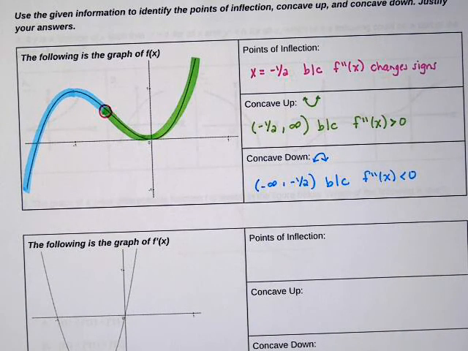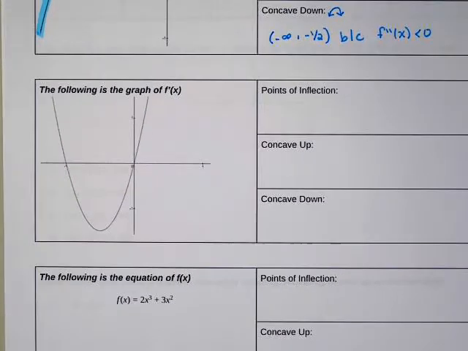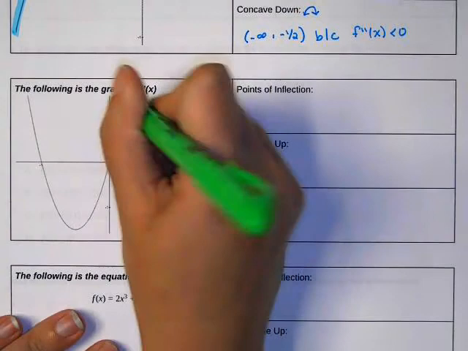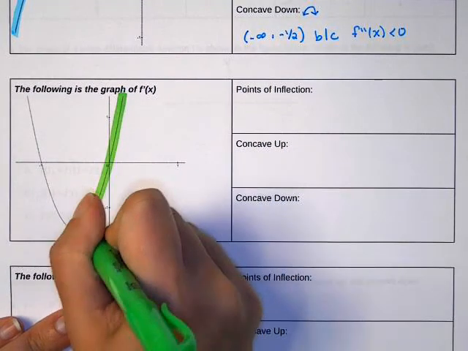Let's say, for example, I'm given the first derivative graph instead of the original. Well, my concavity is going to be determined by looking at where this graph is going uphill or downhill because the slope of the first derivative is the second derivative. So I'm going to be concave up during this section of the graph where I'm going uphill.